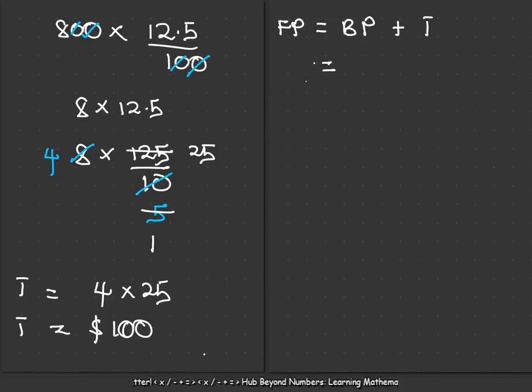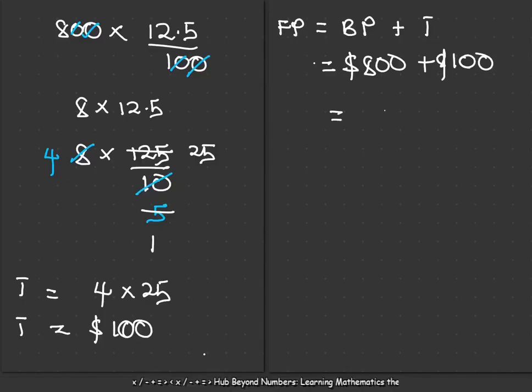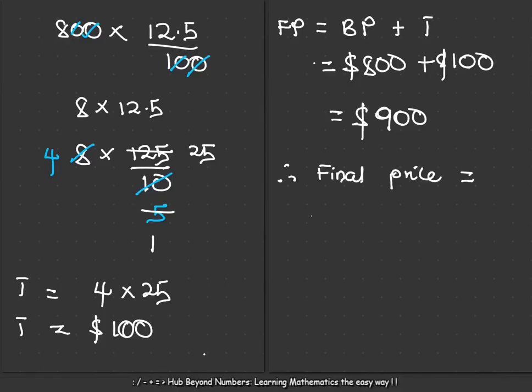And we know our base price from the question to be $800, then plus the tax amount, which we have solved to be $100. Adding that together gives us 900. So this simply implies that our final price is equal to $900.